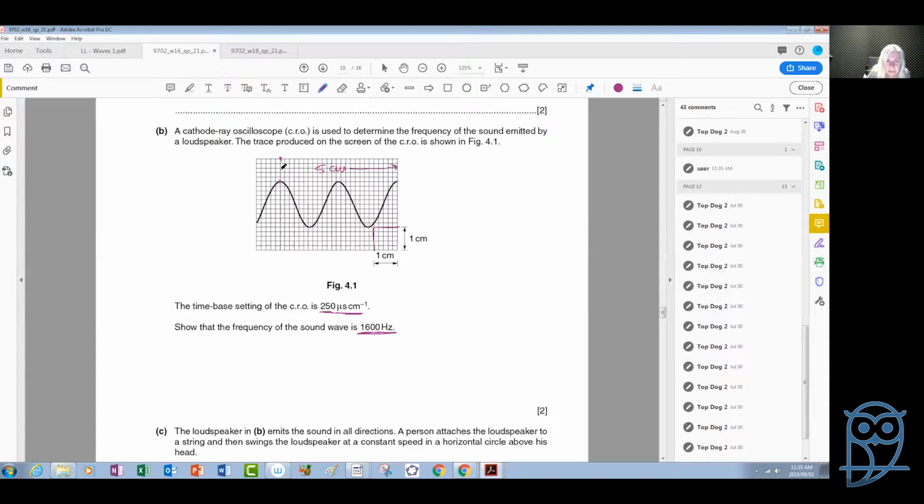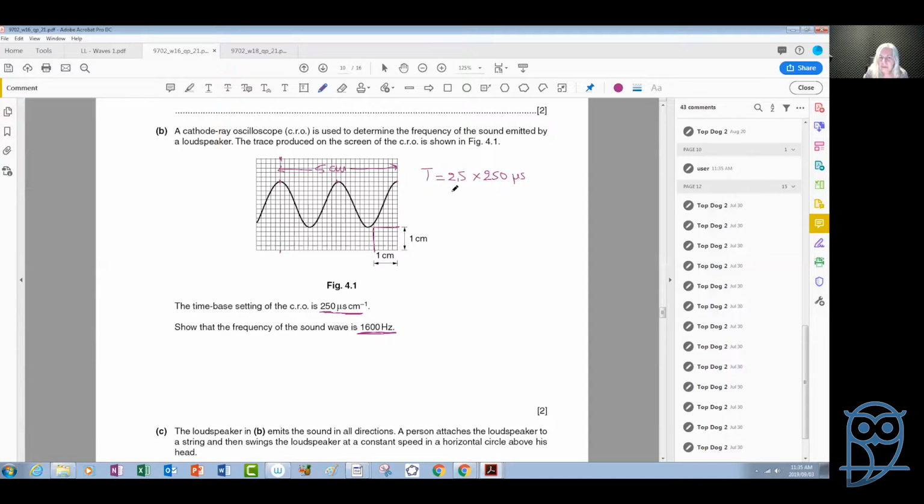I hope you can see it clearly on your screen, because 1 centimeter is 5 little squares. So from there up to there is 5 centimeters, which means the period here is half of it, 2.5 centimeters. And each centimeter corresponds to 250 microseconds per centimeter.